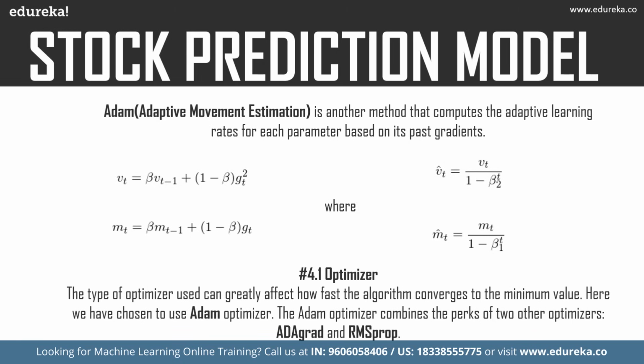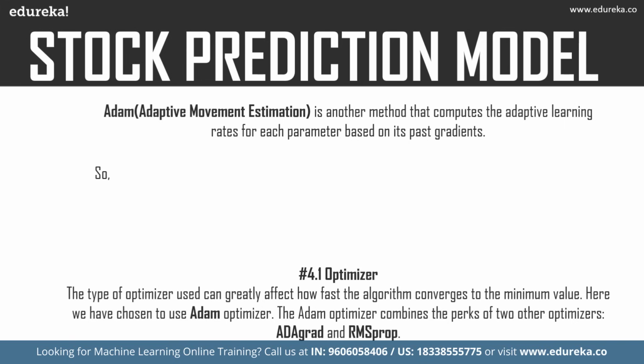When this was first used, researchers observed that there was an inherent bias towards zero, and they countered this by using the two estimates you see on your right, which leads us to our final gradient update rule. This is the optimizer that I'm using, and the benefits are quite a bit. Now, because of this, the learning rate is different for every parameter and every iteration and does not diminish as with AdaGrad. The gradient update uses moments of the distribution of weights, allowing for a more statistically sound descent.